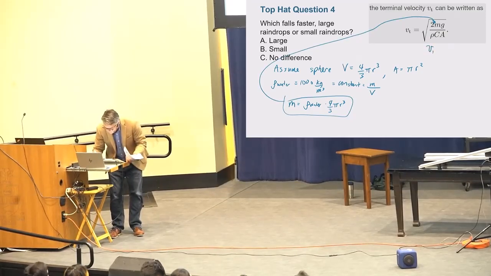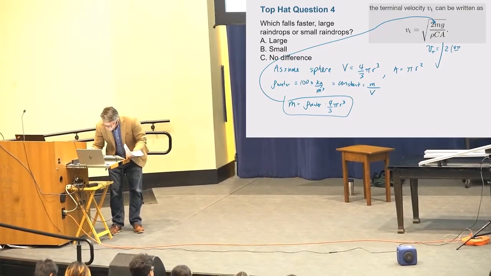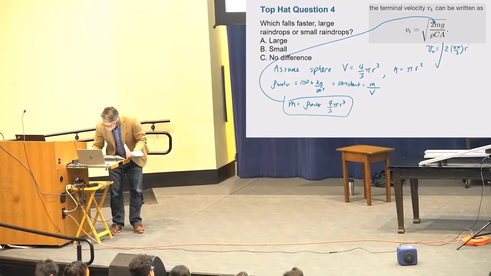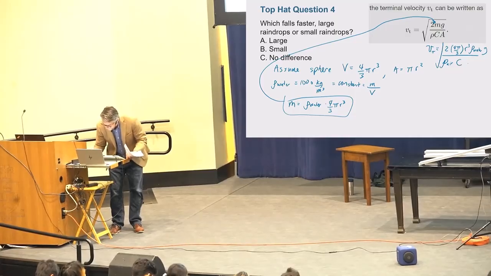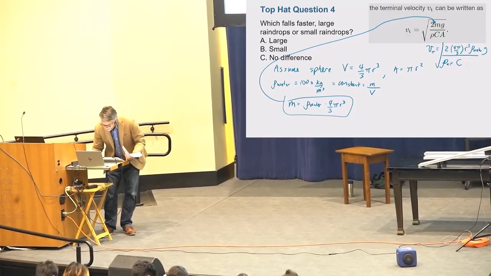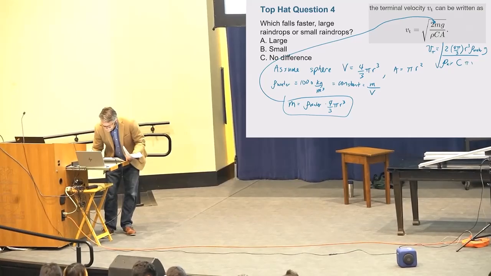So you get v terminal is equal to the square root of 2 times 4 pi over 3 times r cubed times rho water, which is different than rho air, times g, divided by rho air times C. I don't know what C is, it's some number, but it's going to be the same for small and big raindrops if they're both spheres, times pi times r squared.